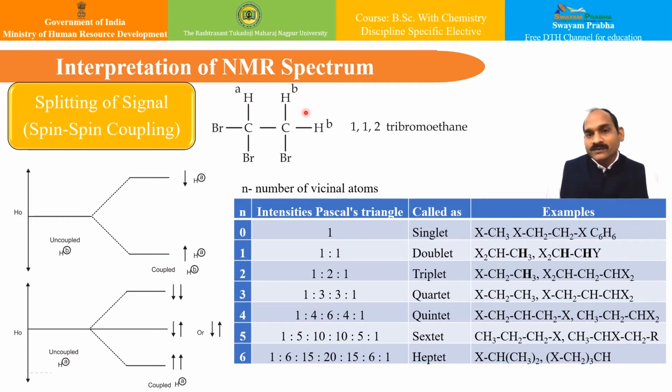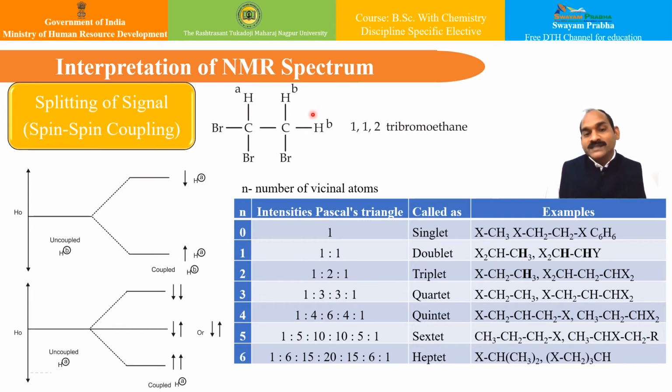The peak due to the B environment is split into a doublet because of the influence of A, and the single peak of the A kind of proton is split into a triplet because of the effect of the 2 protons in the B environment. The intensity of the split will be of the type 1:2:1.